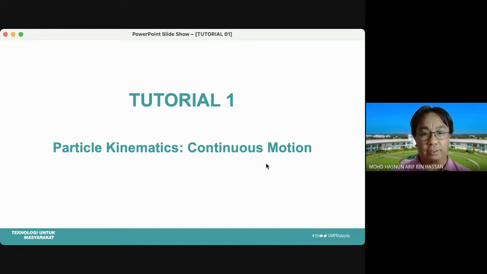So that is the difference between continuous motion and erratic motion. Erratic motion changes during the movement, whereas continuous motion is consistent from beginning to end. Now let's go to tutorial 1, where we discuss continuous motion.